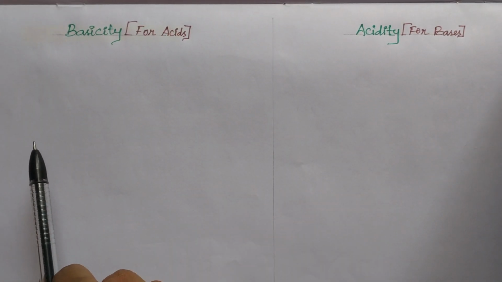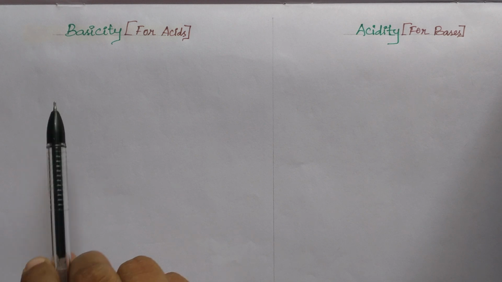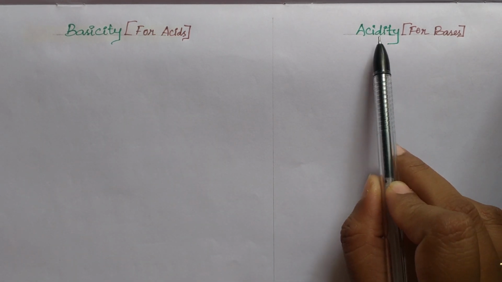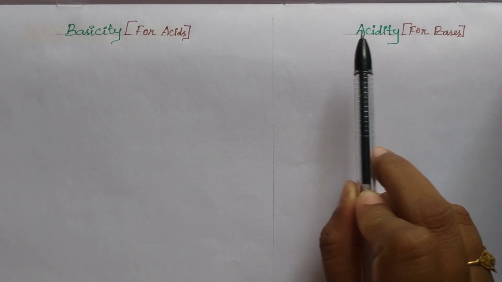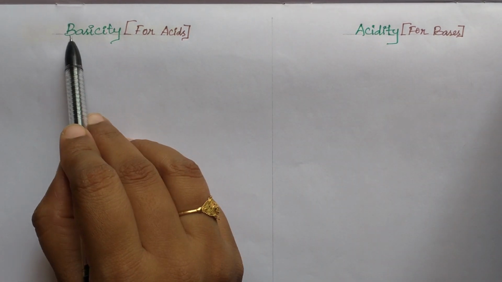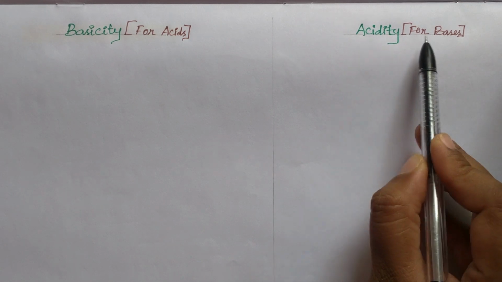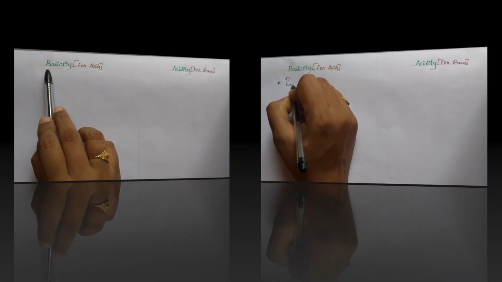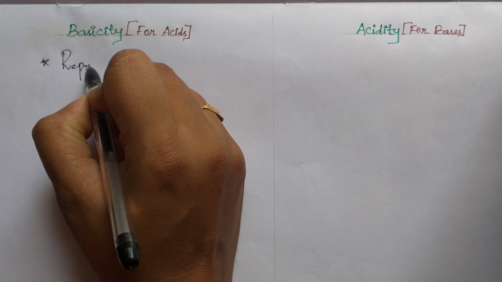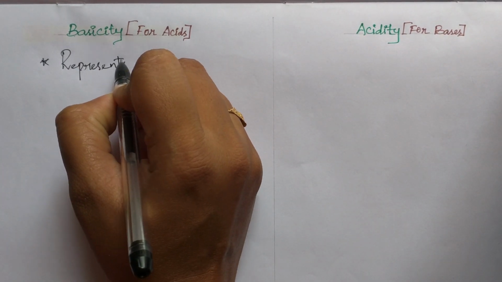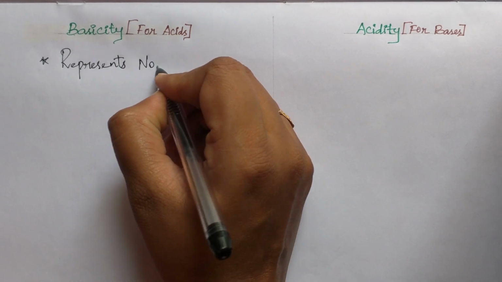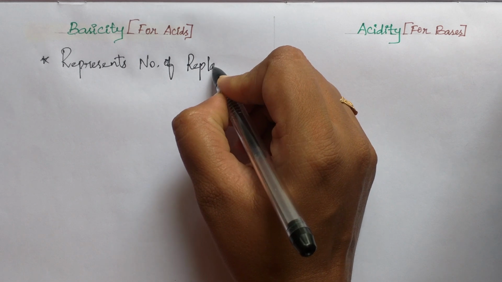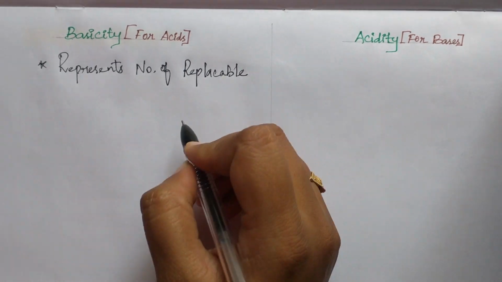Next, what is acidity and what is basicity? Basicity is the term applicable for acids and acidity is the term applicable for bases, in the opposite manner. So see, B and A: here A, B, opposite manner. You should not get confused, students. Basicity is the term which represents the number of replaceable hydrogen ions.